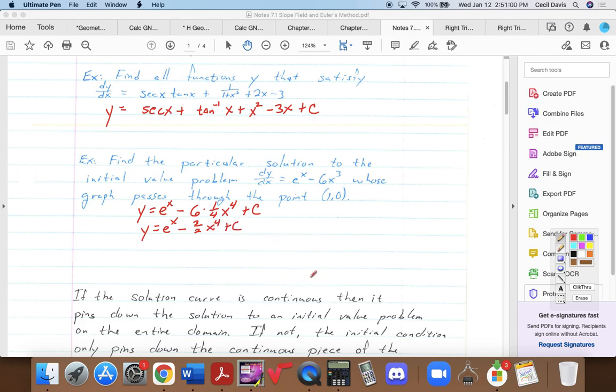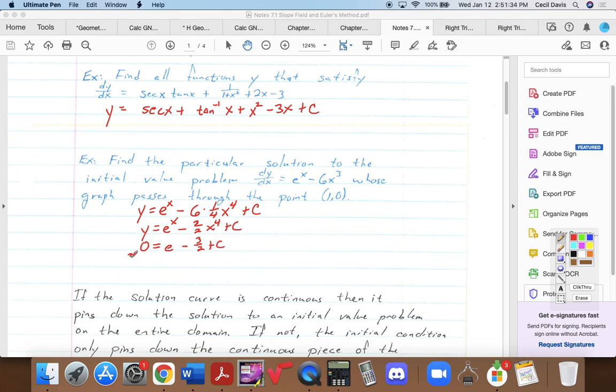Substituting in x is 0 and y is 1, I'm doing it backwards, sorry. Take 2. So when x is 1, y is 0. So 0 is equal to e to the 1st minus 3/2 plus c.